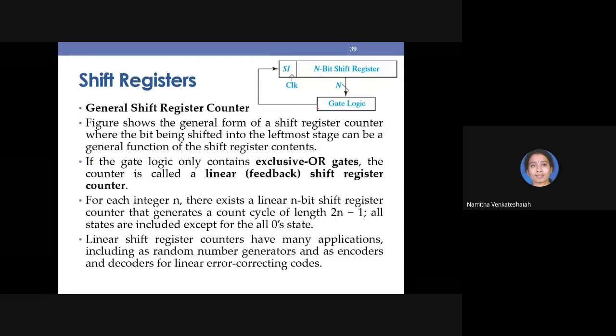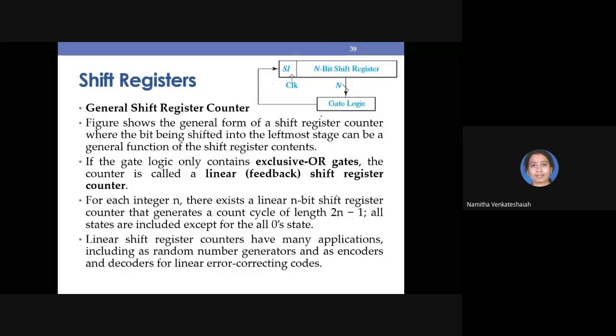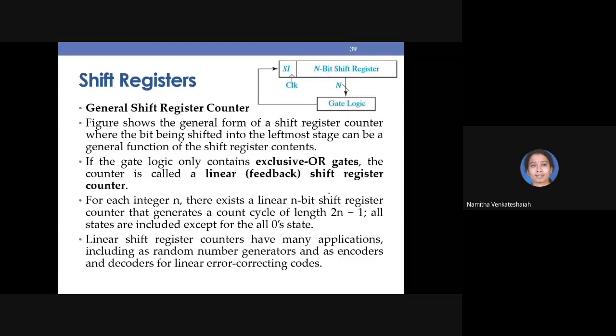If this gate logic contains only exclusive OR gates, we call it a linear shift register counter. For each integer n, there exists an n bit shift register counter that generates a count cycle length of 2^n minus 1. Here all states are included except all zeros. So it will have many applications.